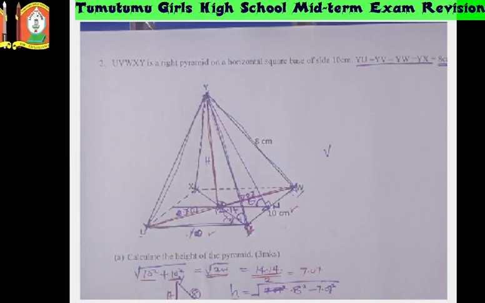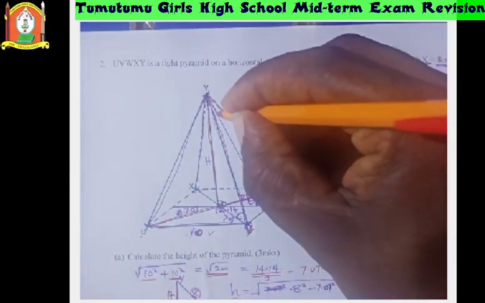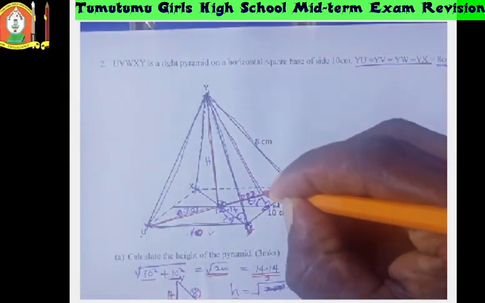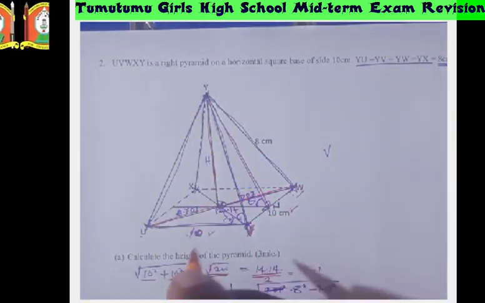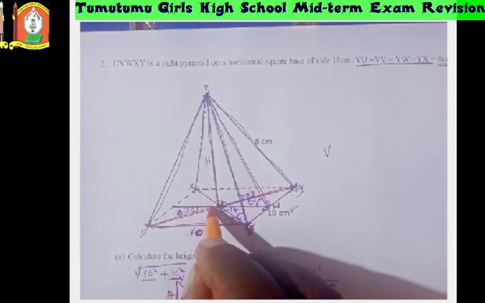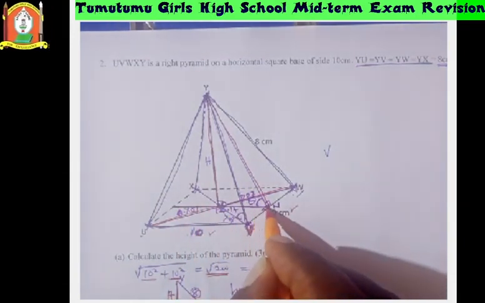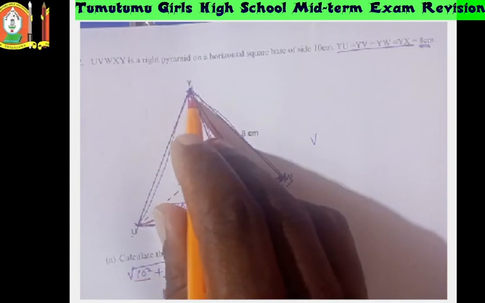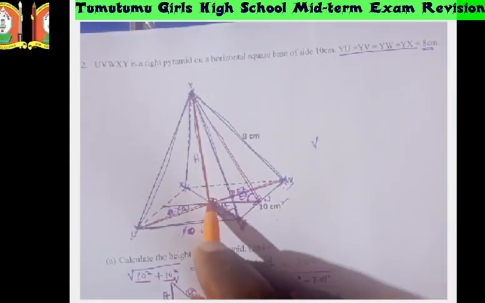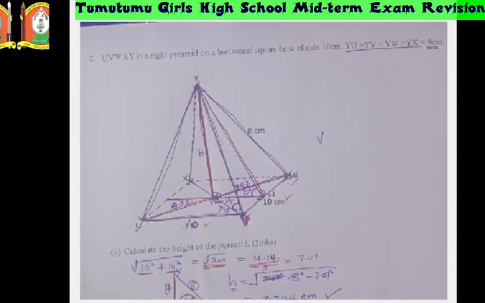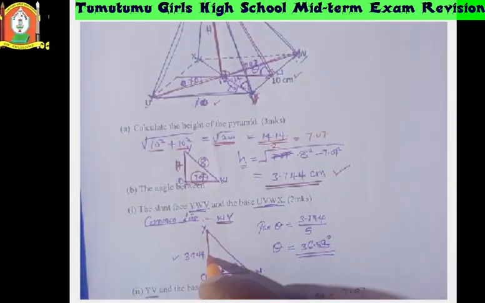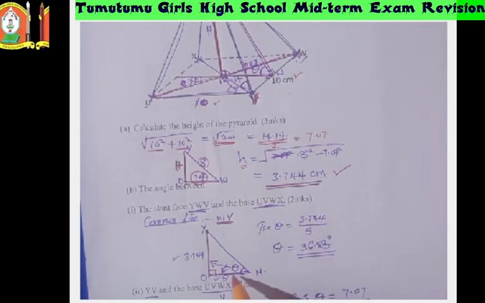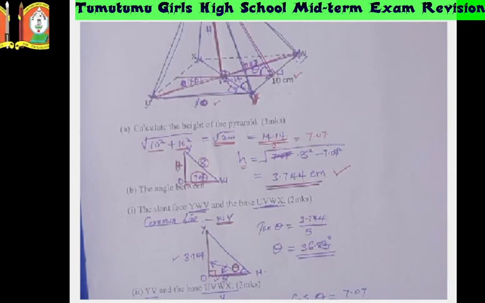The first line goes to the midpoint of VW, and another one runs through the midpoint of the base. If we drop a perpendicular to the base, there's a possibility of getting a right angled triangle, and the angle we are looking for is here.